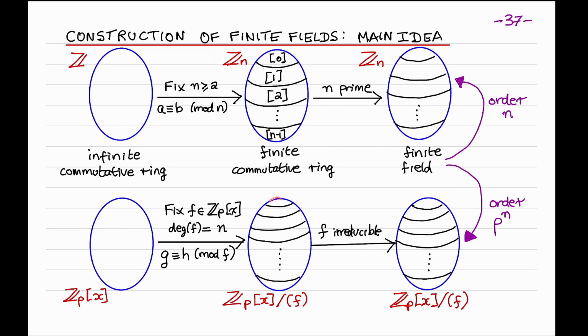So now we have a finite commutative ring, and by selecting f to be irreducible, namely a polynomial that doesn't factor non-trivially, we'll see that the commutative ring is in fact a finite field of order p to the n. So in this way, we'll convert the infinite ring of polynomials over Zp to a finite field of order p to the n.